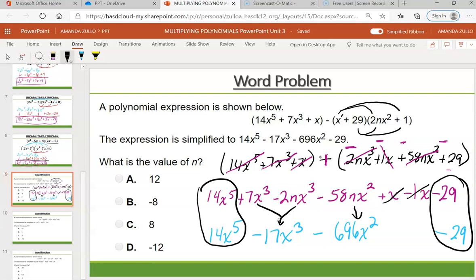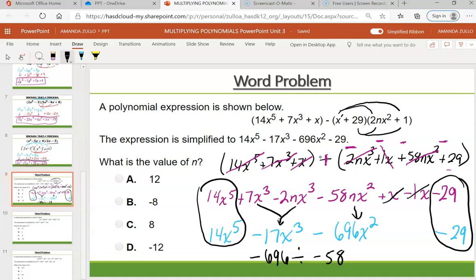Okay, and what you're going to want to do to figure that out is take the coefficients. Something times negative 58 turns this number into negative 696. In order to figure out what you multiply negative 58 by, you have to take your negative 696 and divide that by negative 58.